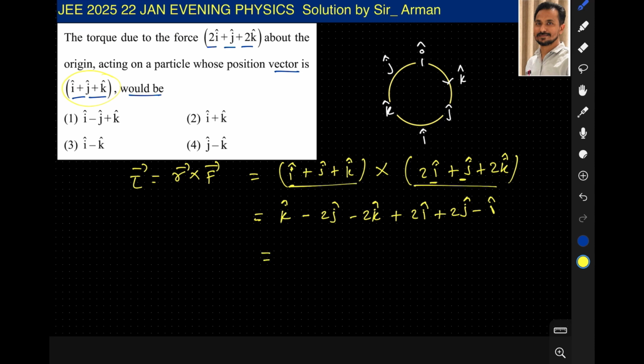So now here k cap minus 2 k cap, so this will become minus k cap, then minus 2j plus 2j, so j vector will become 0, right? And then what about the i? Here we have plus 2i minus i, so this will become plus i. So i cap minus k cap is the final answer. So here option number 3.